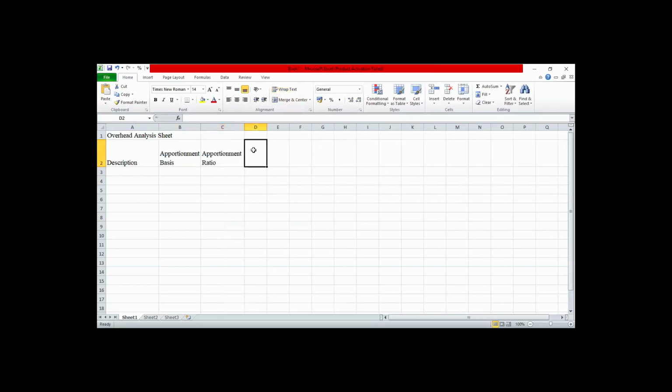Then the next one, the overhead. The next one, we have what we call production unit or production department.